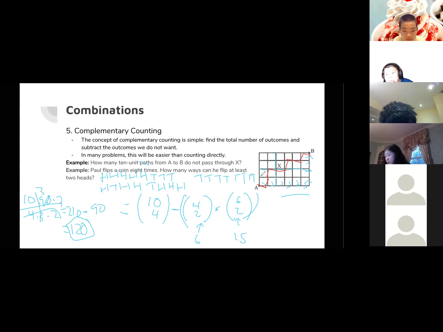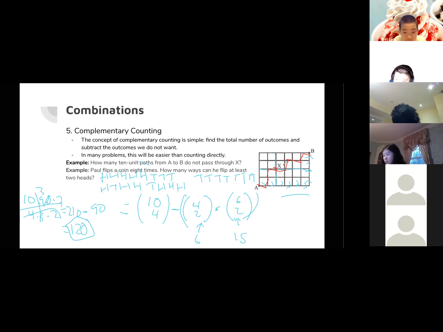And you can see that no matter how you draw it, because it goes through X, and 10 units is the shortest possible, that means you can't backtrack or go left or down. You have to make it from A to X and then from X to B, and again, using only up and right.